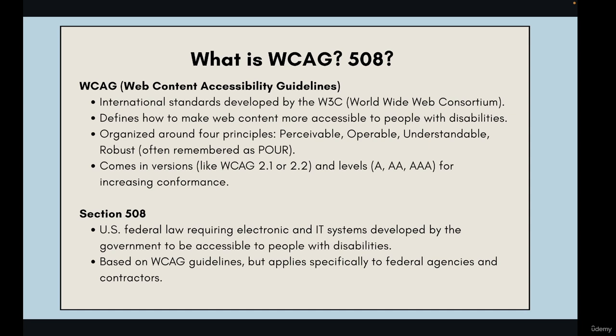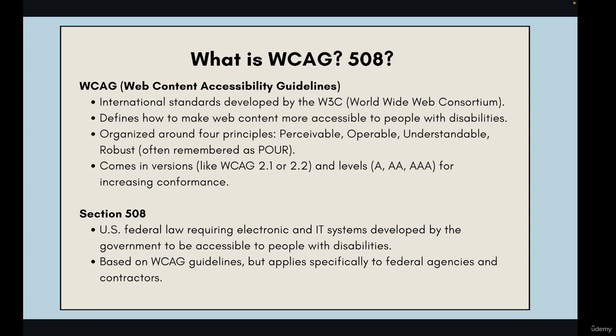It comes in versions like WCAG 2.0, 2.1, 2.2, and they're currently working on 3.0 right now. There are also levels like A, AA, and AAA for increasing conformance. Now what do the A, AA, and AAA mean? Level A is the minimum standard, the basic accessibility, while level AA is the widely accepted standard that addresses most of the accessibility barriers.